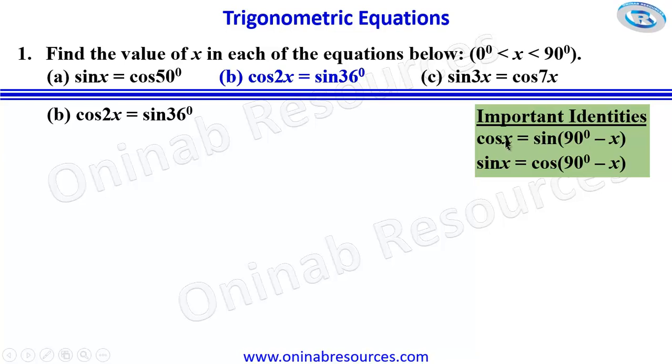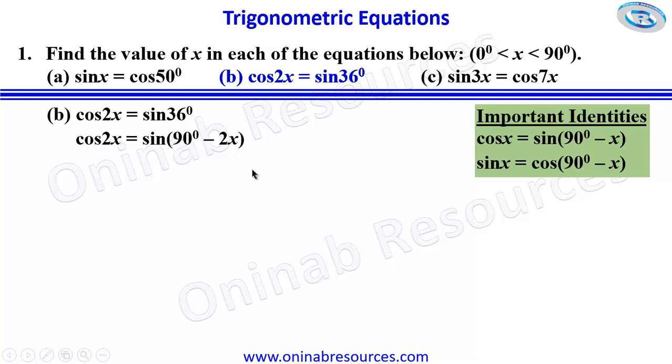That's the only thing that will be changing. Cos 2x will be sine 90 degrees minus 2x. So we have it as cos 2x equal to sine 90 degrees minus 2x. If it is x squared now, it will still be 90 minus x squared.